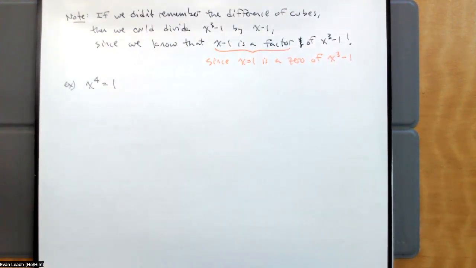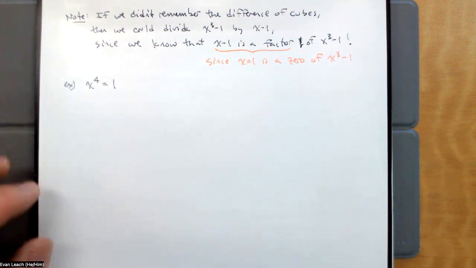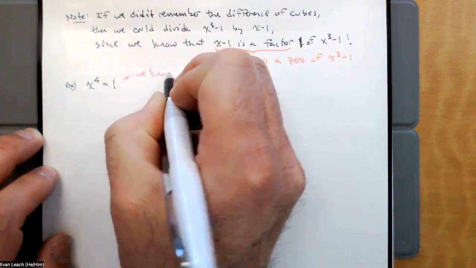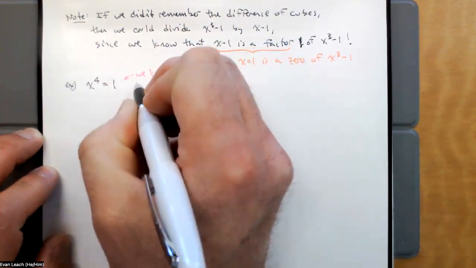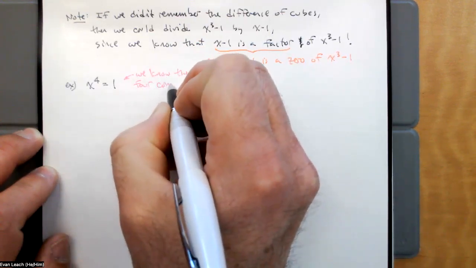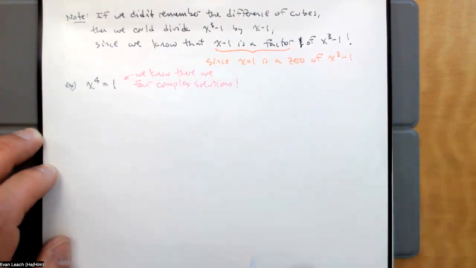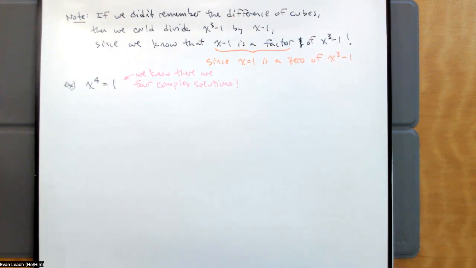x to the 4th equals 1. In this case, we know that there are 4 complex solutions. We might be able to easily pick them out, plus or minus 1, plus or minus i.